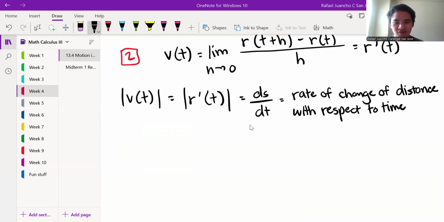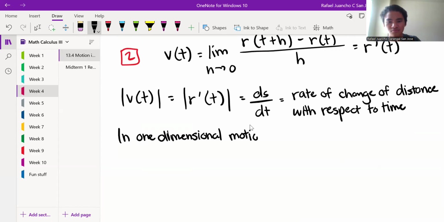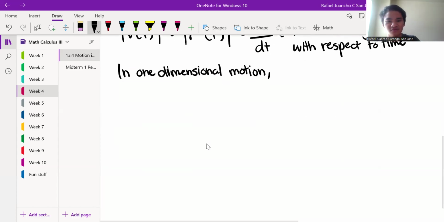So as in the case of one-dimensional motion, the acceleration of the particle is defined as the derivative of velocity.